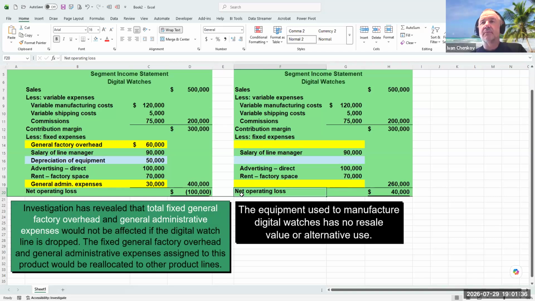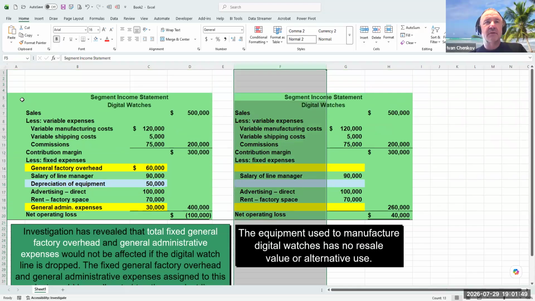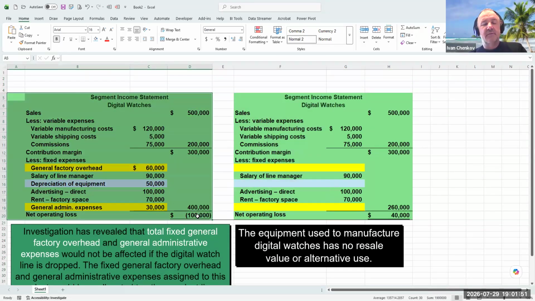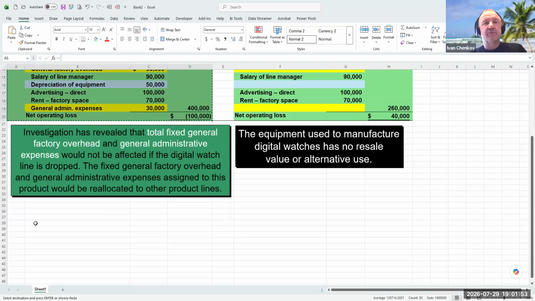It's not a loss anymore. So what's going to happen if I drop this division? Should I drop it or keep it? That's the question. Now let's think a different way, the differential approach.